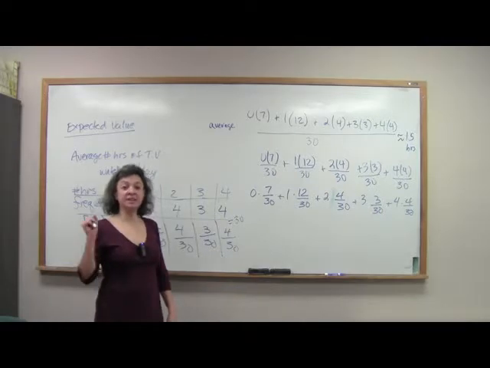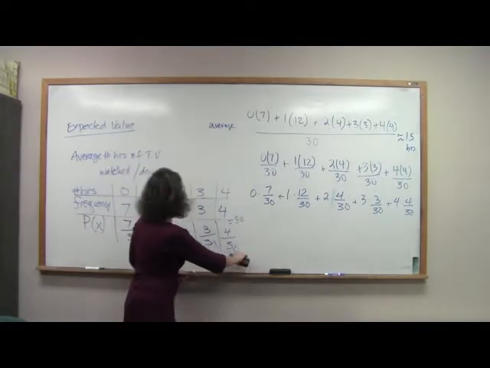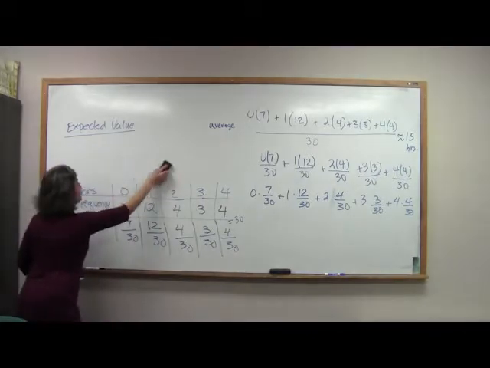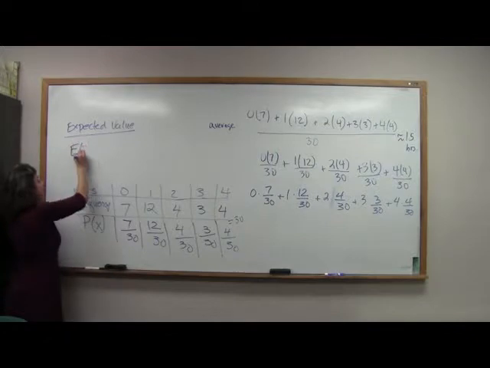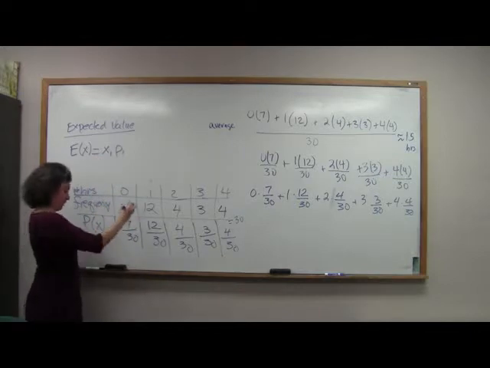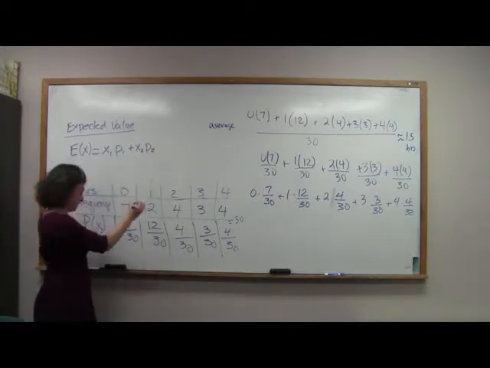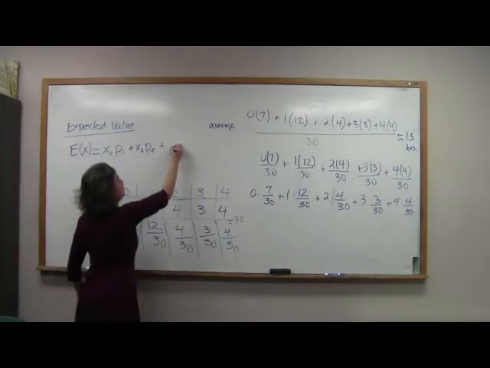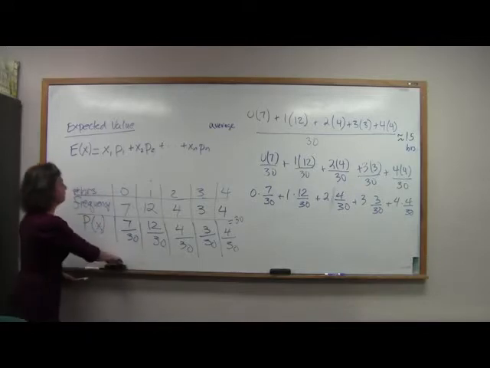And this gives us the way that we compute our expected value. Okay, the formula for expected value is as follows. E of x, you take your first x value times its corresponding probability. Then you take your next x value times its corresponding probability. And you go on down the line until you're done.